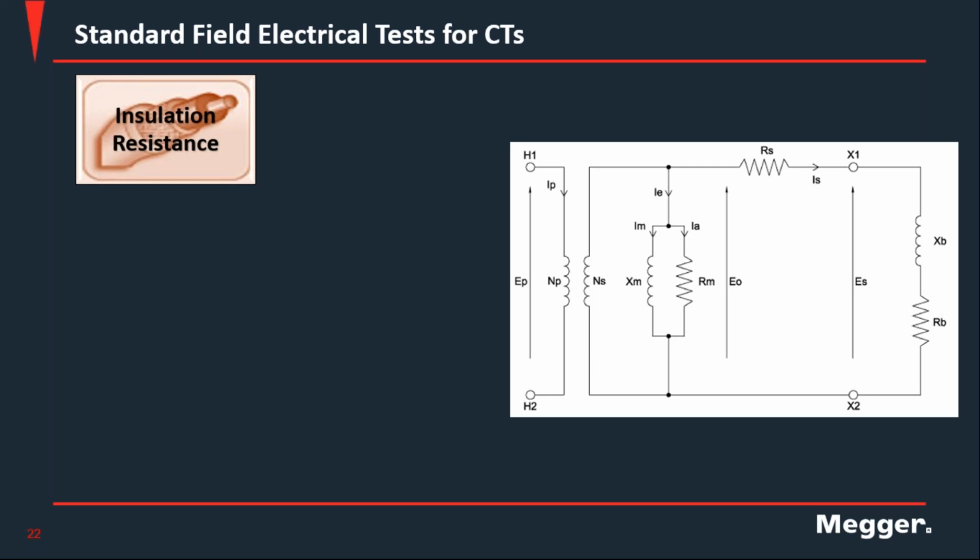Oh, the Rogowski coil CT is a little bit different because the Rogowski coil operates on a differential principle. However, what that means is that for a current input on the primary of the coil, you're going to have a voltage on the secondary which represents the current that goes on the primary.